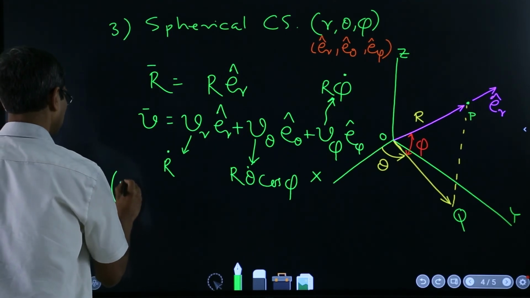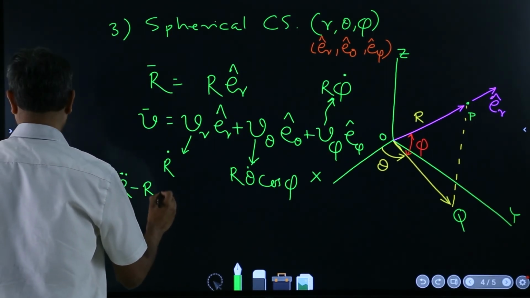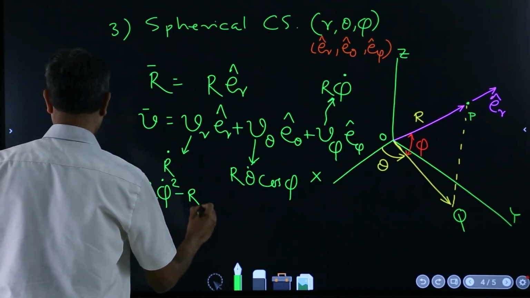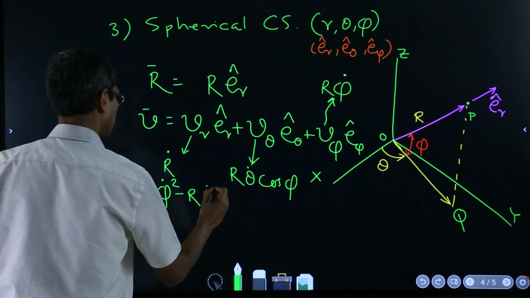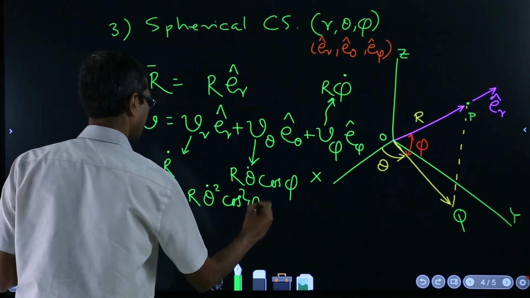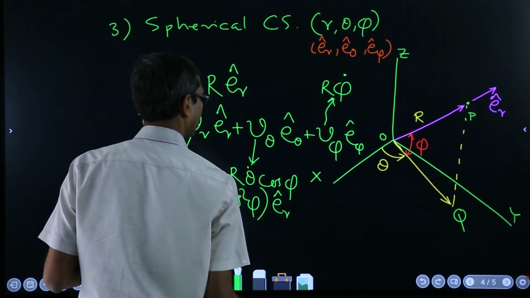And the acceleration terms, as they are very involved, you will get: r double dot minus r phi dot squared minus r theta dot squared cos squared phi. This is the e_r part.